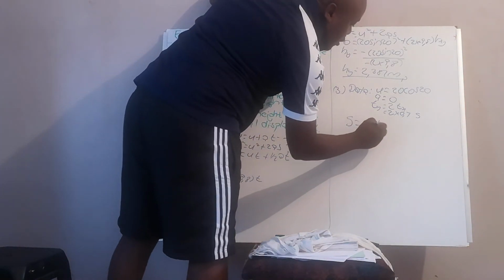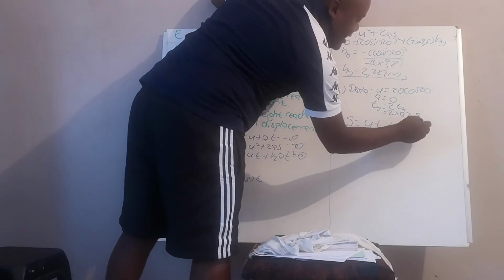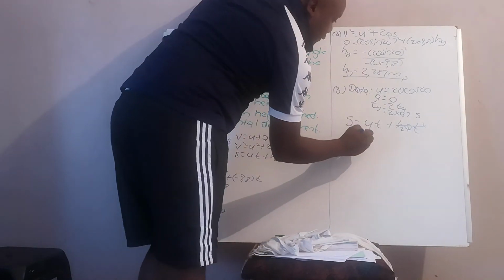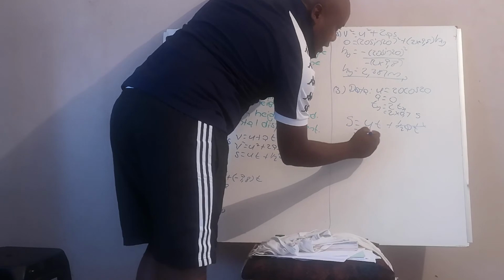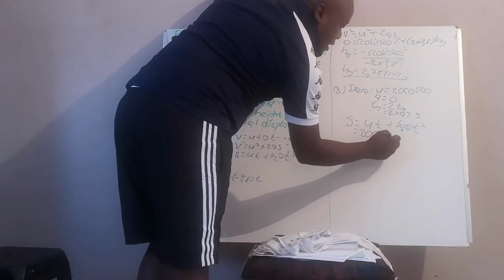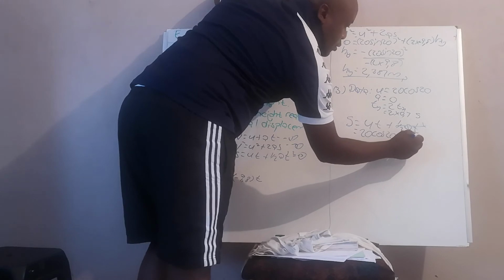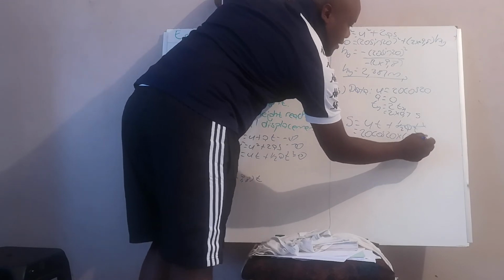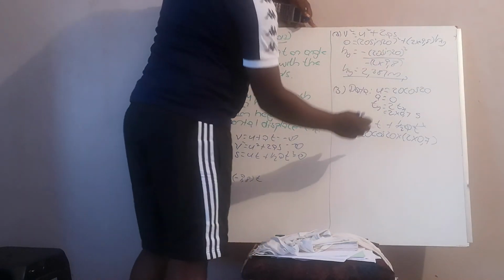S is equal to ut plus half at squared. Acceleration is 0, so that one is gone. S is equal to ut. What is your initial velocity? It's u cos theta, which is 20 cos 20 times 2 times 0.7. You already calculated your time is 0.7, and you know for your range your time is twice.